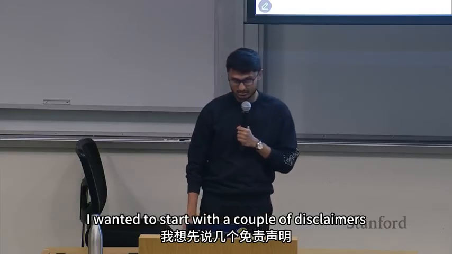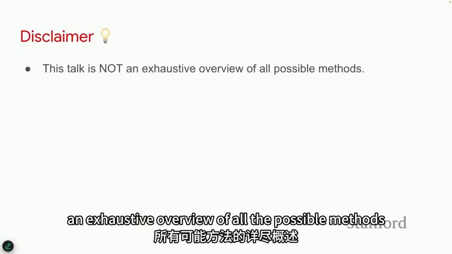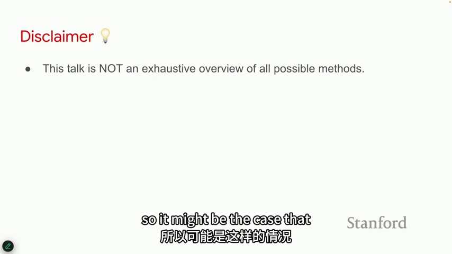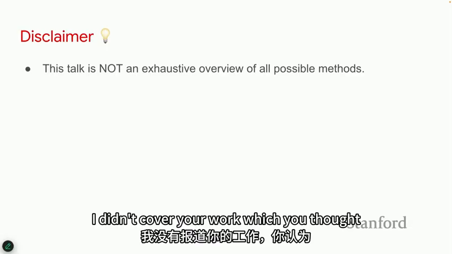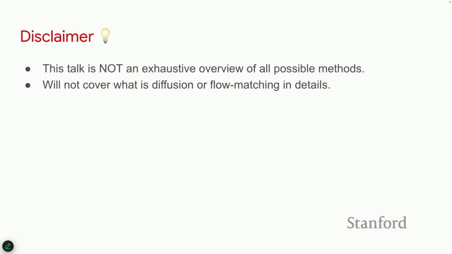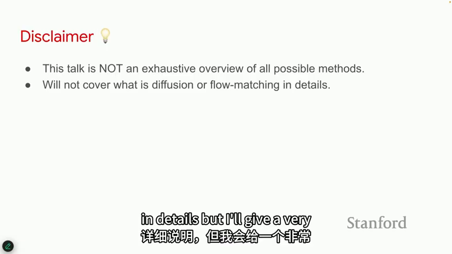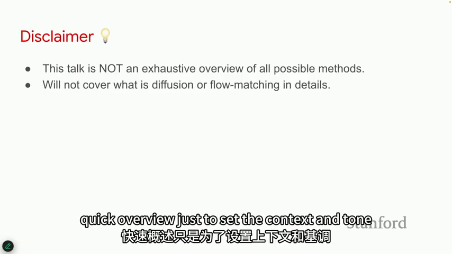I wanted to start with a couple of disclaimers. This talk is definitely not going to be an exhaustive overview of all the possible methods. So it might be the case that I didn't cover your work which you thought to be very seminal. So I apologize in advance. I'm not going to cover what is diffusion or flow matching in detail, but I'll give a very quick overview just to set the context and tone.